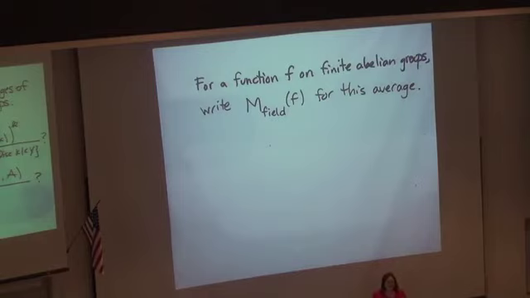I mean, not just not clear, but in general we don't know. It's an open question if it exists, but if such a limit exists, averaging the values of f over class groups of imaginary quadratic number fields ordered by discriminant, I'll write it as the field average of f.